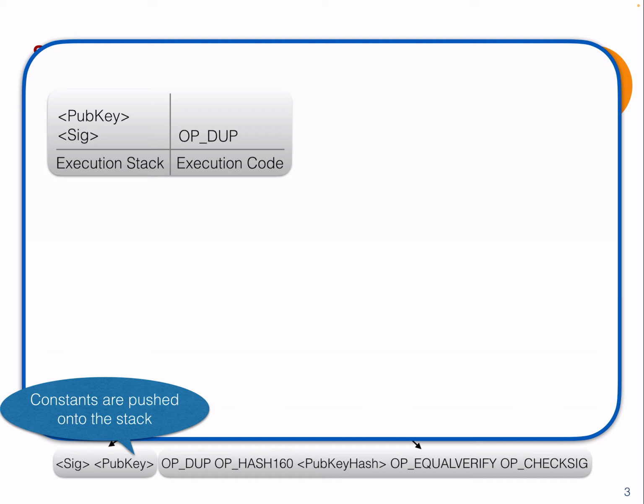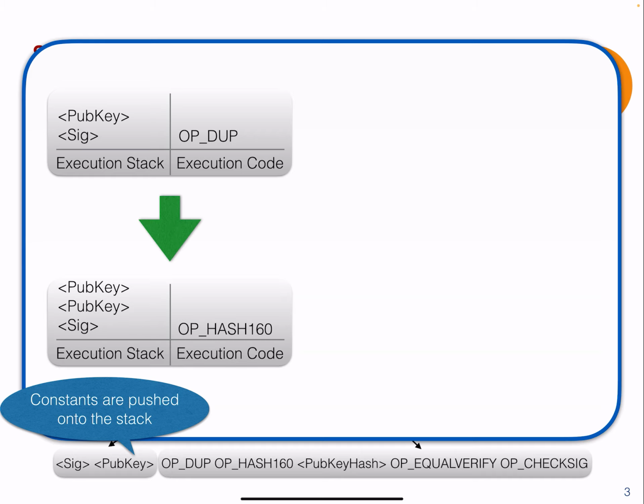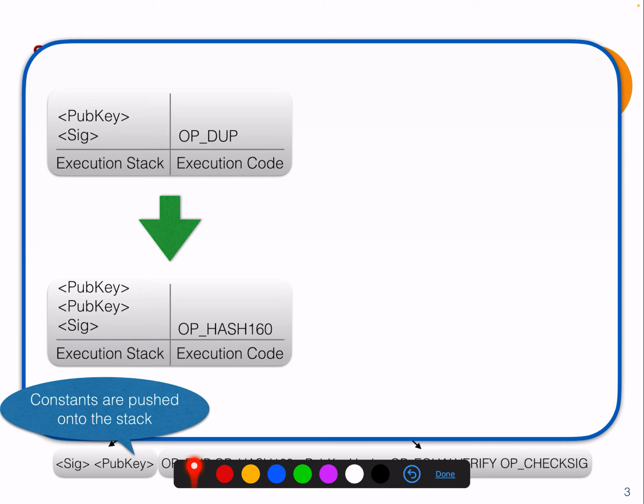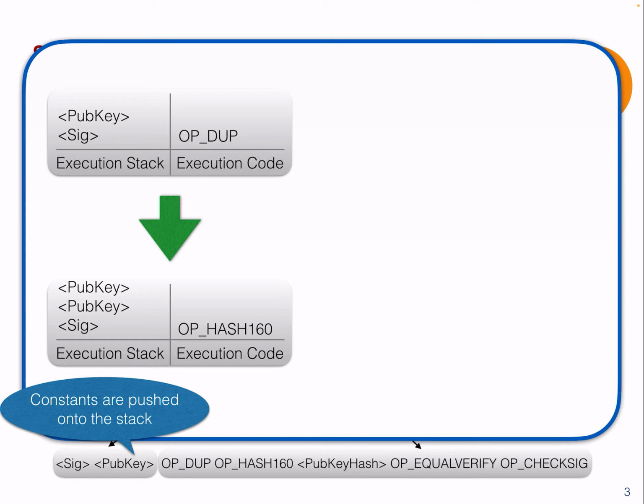We have currently pubkey and sig on the stack, so then we will move towards a pubkey, pubkey, sig type of stack, as you can see here. So we executed OP_DUP, and now we have one more element on the stack. The next opcode is OP_HASH160, which means we're going to have to take the hash of the public key, which is on the top of the stack.